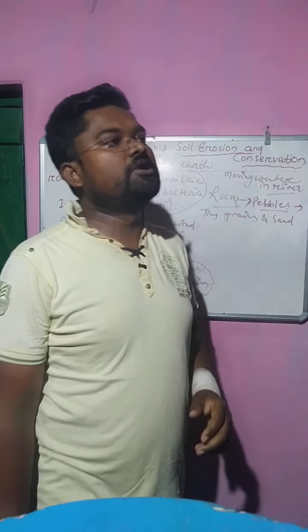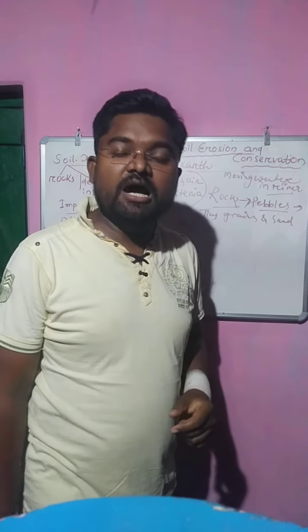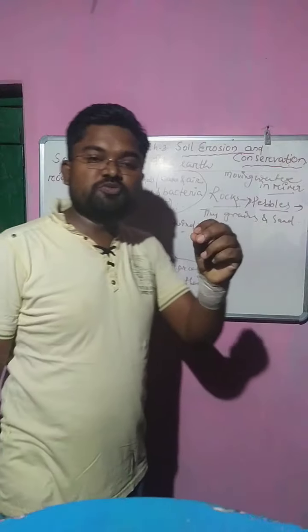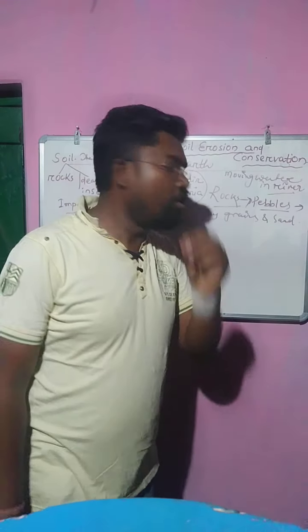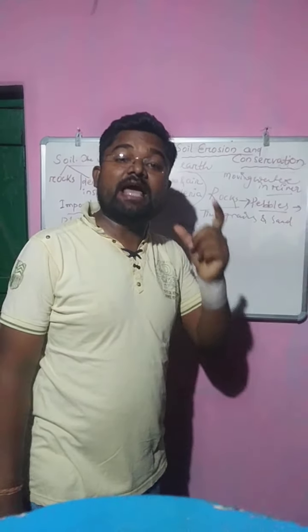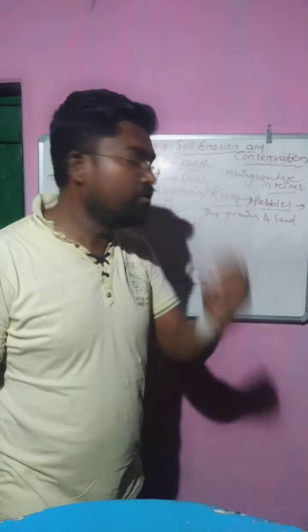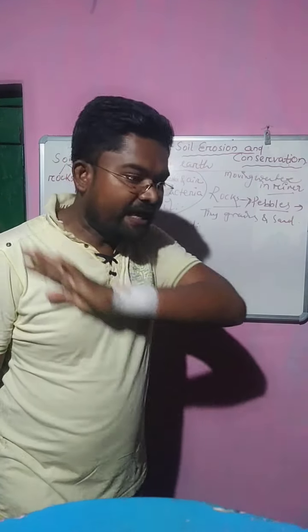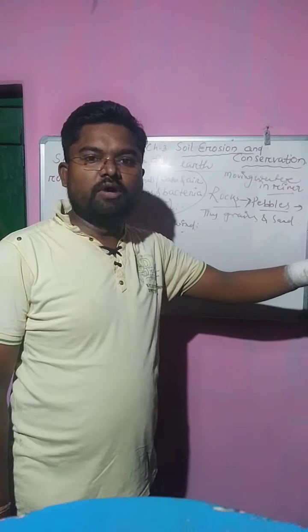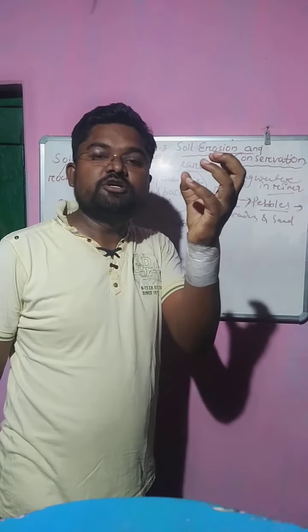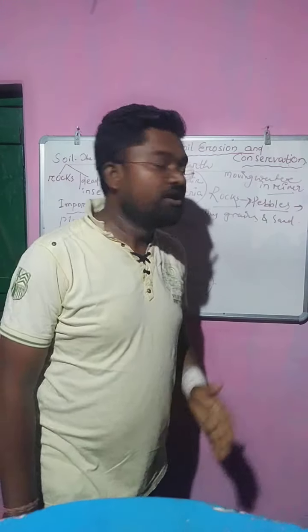The upper layer of the earth is called soil, right? And how is the soil formed? By small rocks, and dead plants and animals, and water and air. When the air blows and the water flows very heavily, big stones become very small stones, right?